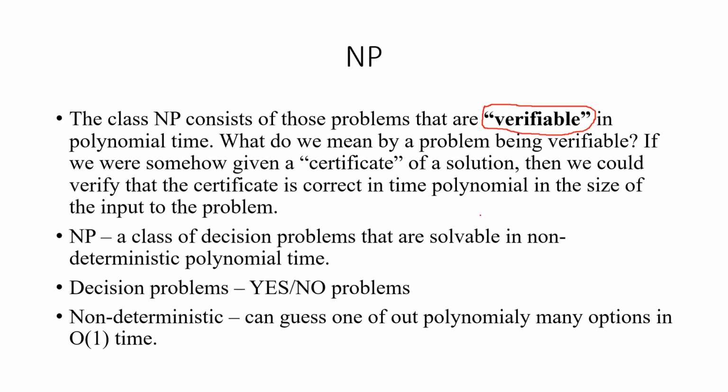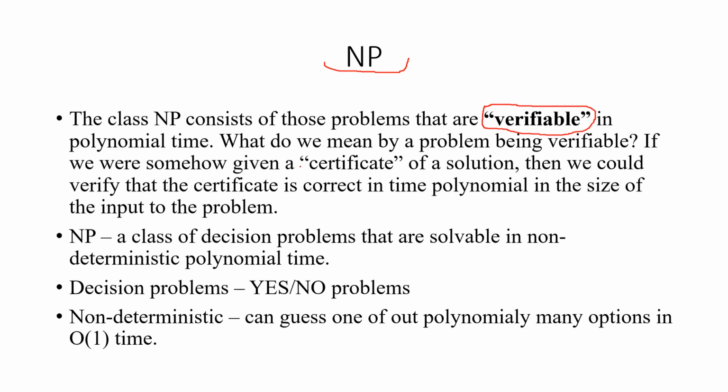If we can verify or check the solution in polynomial time complexity, it means that it belongs to the NP. But it doesn't mean that the solution to the problem runs in polynomial time complexity.